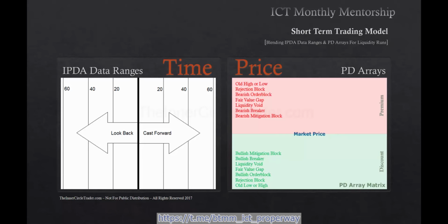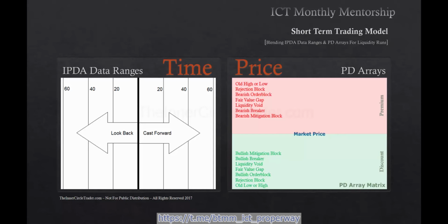It may just simply need to go all the way up to a bearish order block or a rejection block. And the same thing is said in opposite terms for when the market's in a discount. It's not ambiguous when we look at price in the form of the PD array matrix.